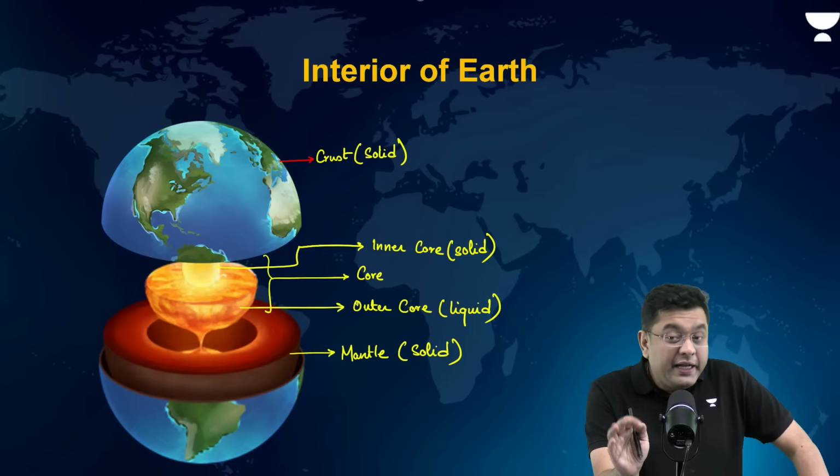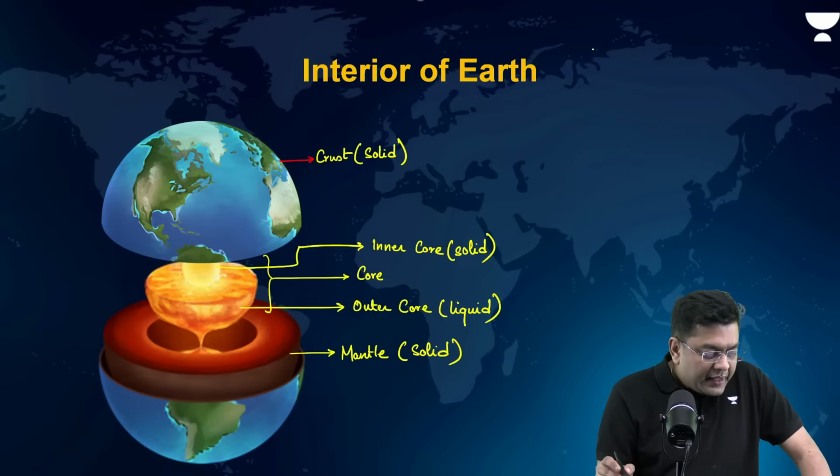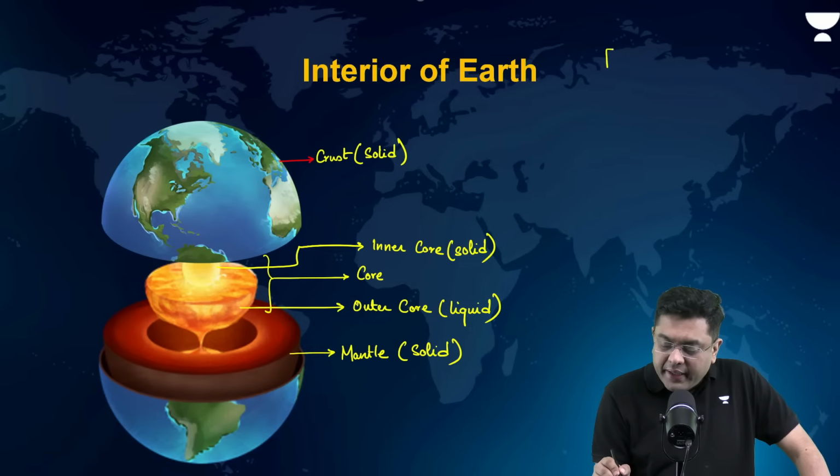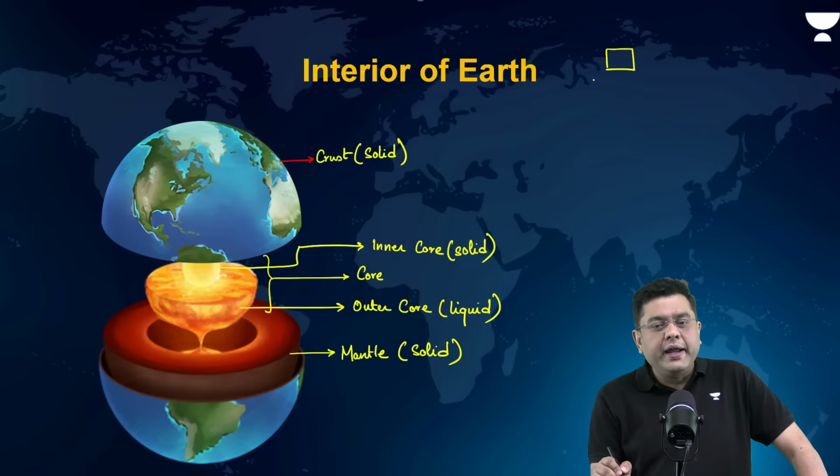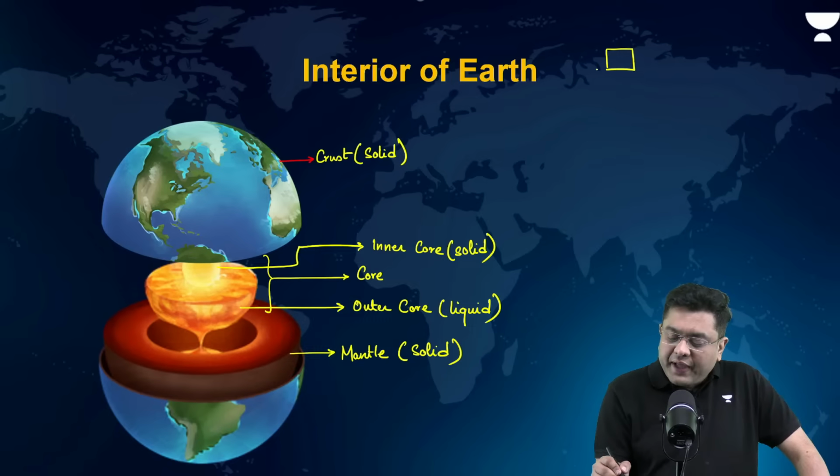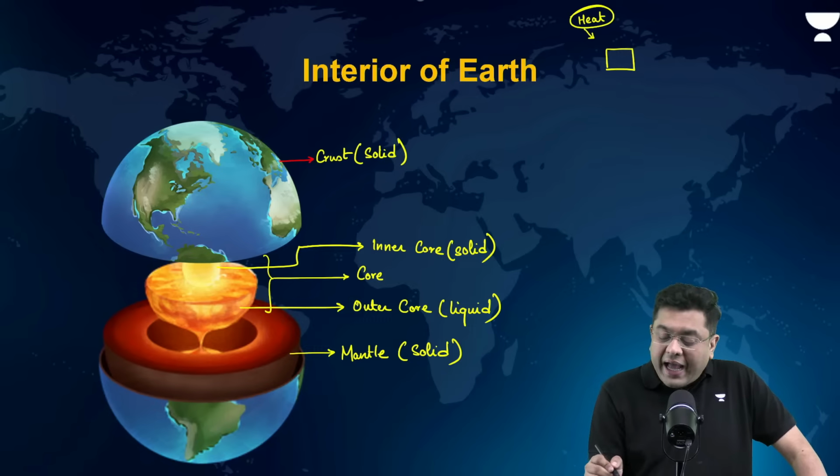Okay. The inner core is solid, and there is a very simple reason behind this. For example, let's take a block of iron. Okay. If, let's suppose, I provide heat. Now, as I provide heat, it will start to melt.